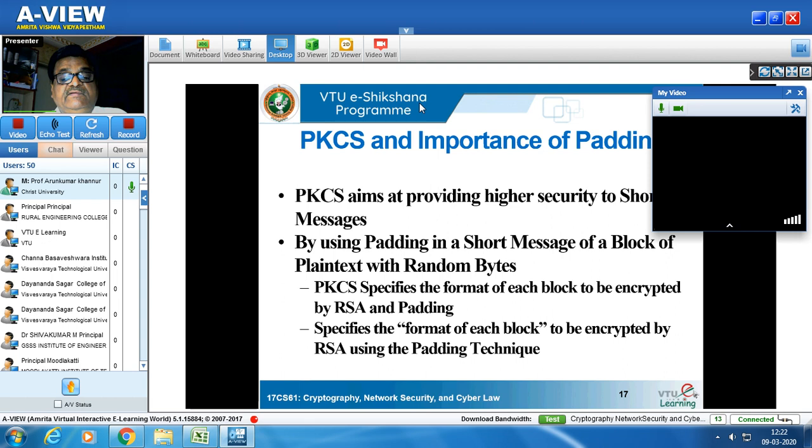It specifies what things you have to carry out when you do it. PKCS specifies the format of each block to be encrypted by RSA, and for that purpose, it uses the padding technique.